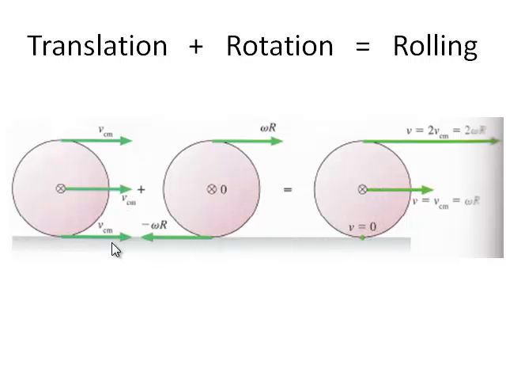Meanwhile, for the point down here, you see that there's a vector to the right and a vector to the left. This vector, minus omega r, is going to be equal to minus the velocity of the center of mass due to our rolling without slipping constraint. So the velocity here ends up being 0. This is an interesting result because it leads us to a different way of thinking about rolling without slipping.